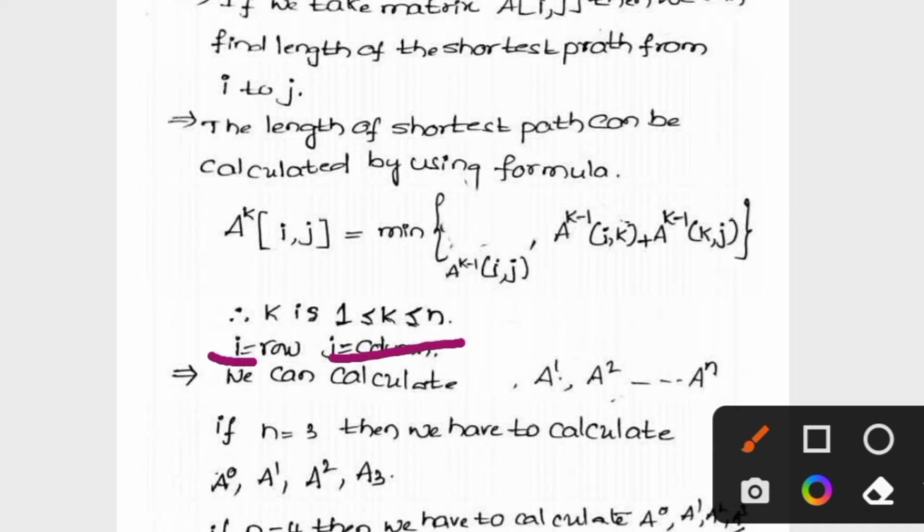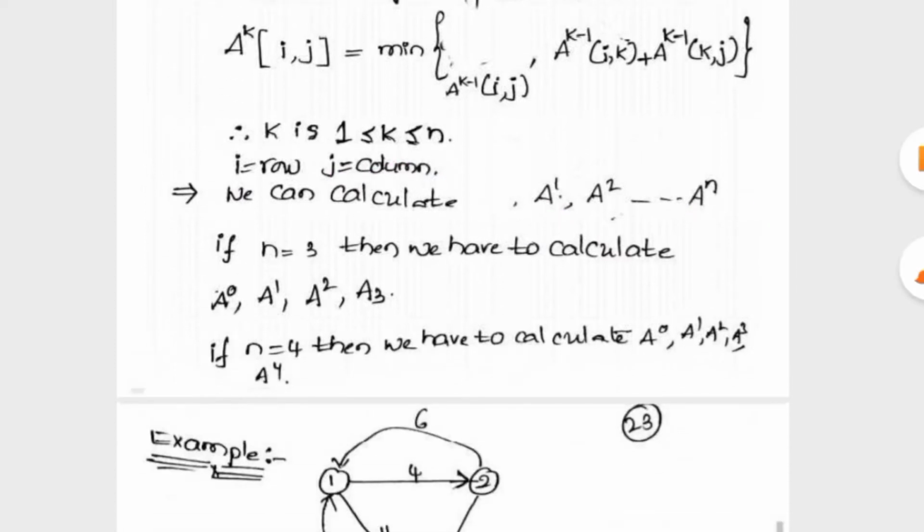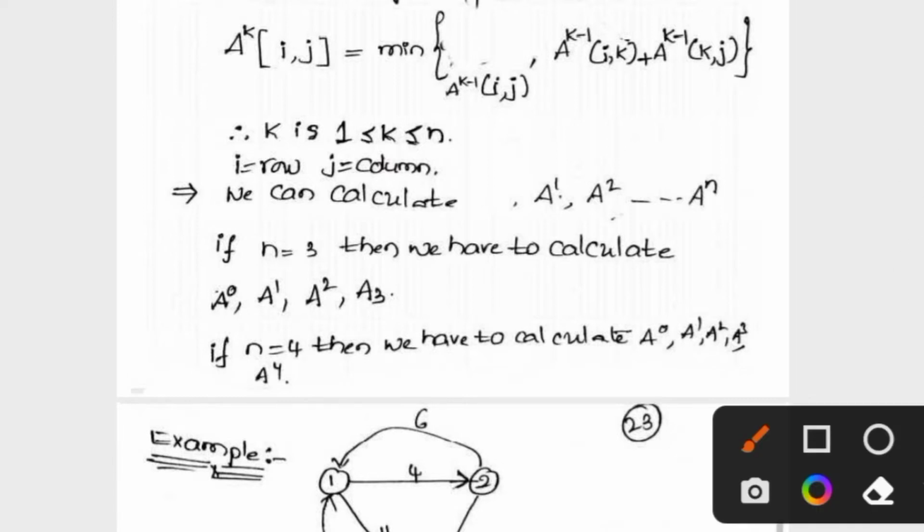And here we calculate the matrices A power 1, A power 2 and so on up to A power n. For example, if n is equal to 3, meaning the number of rows or columns is 3, then we have to calculate A power 1, A power 2, A power 3.